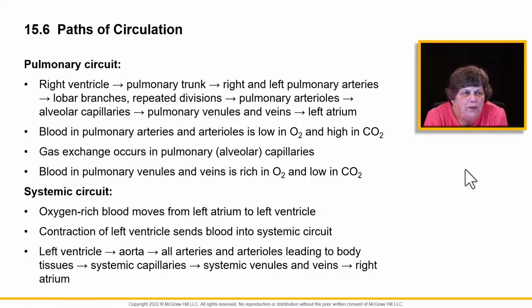Okay, let's look at passive circulation. Pulmonary circuit, systemic circuit. Pulmonary circuit, again, to the lungs and back. Pulmonary circuit: right ventricle, pulmonary trunk, pulmonary arteries, and then we basically go through the lungs: the pulmonary arterioles, the alveolar capillaries, the pulmonary venules, the veins, and then back to the left atrium.